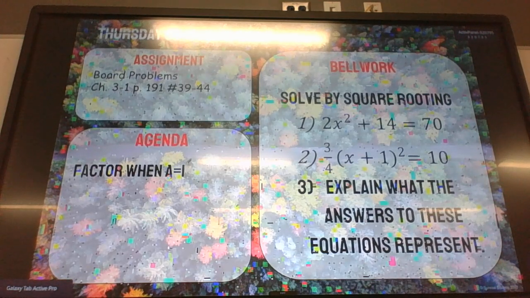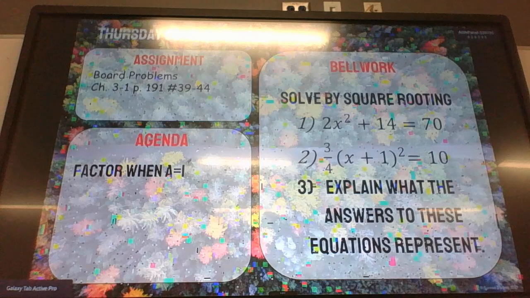So yesterday, the most important part to start, I said my very first statement over here was isolate the square term. So learning how to isolate it correctly is what we're working on. That x squared needs to be alone.